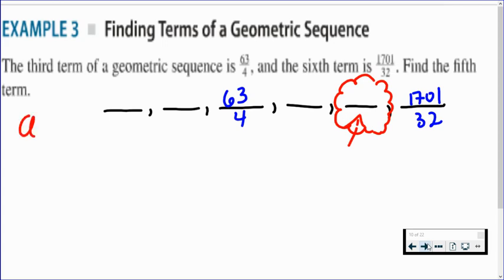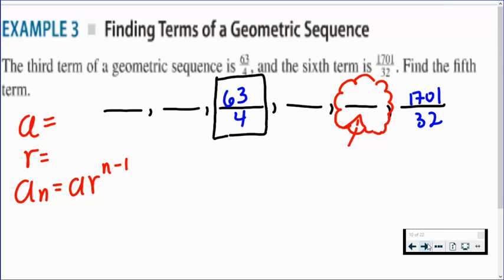So I don't have the A yet, I don't have an R. I'm going to use the geometric formula first and use the information given to see if I can figure this out. I know that this term is the third term on the sequence.